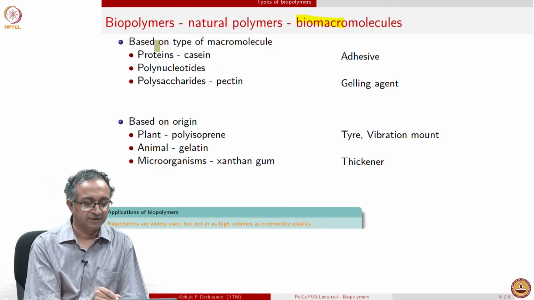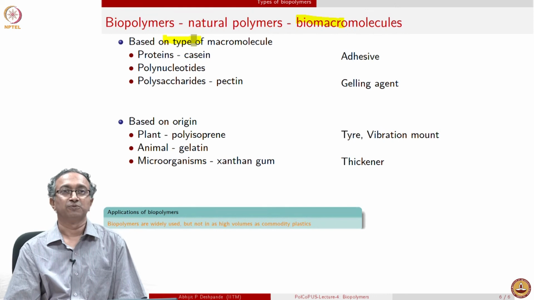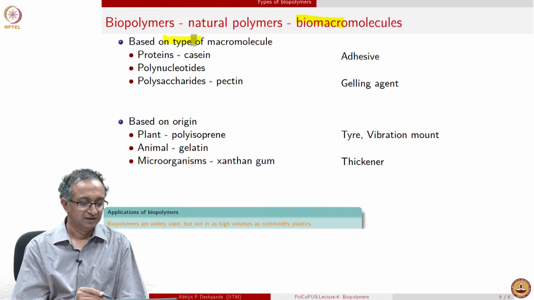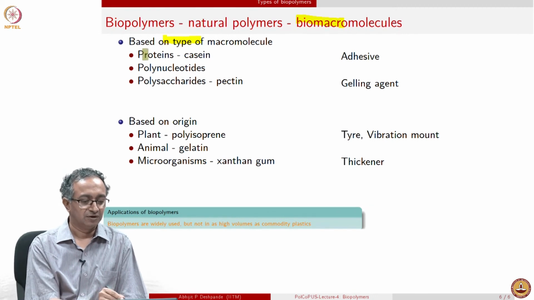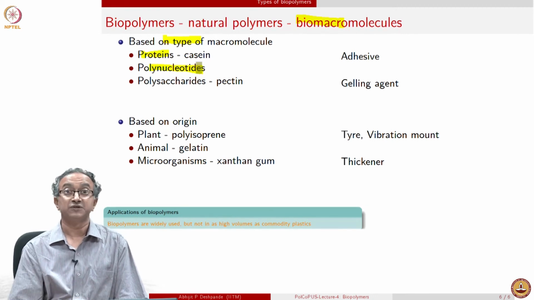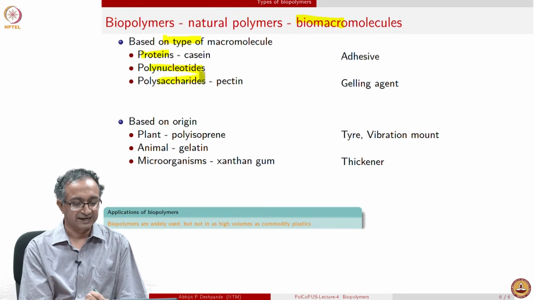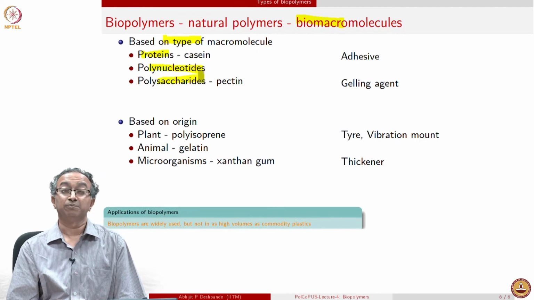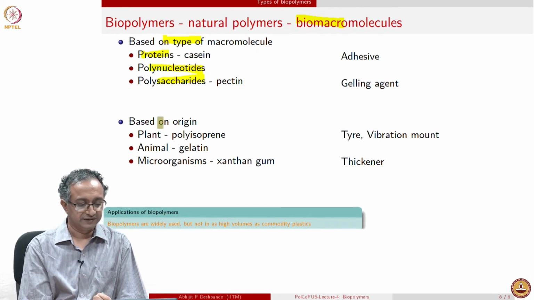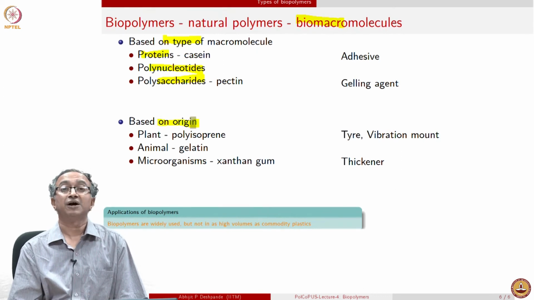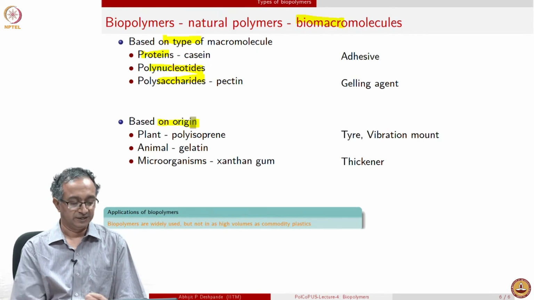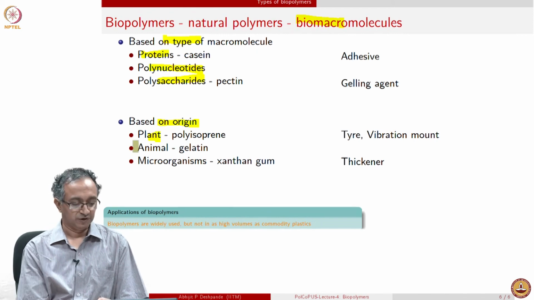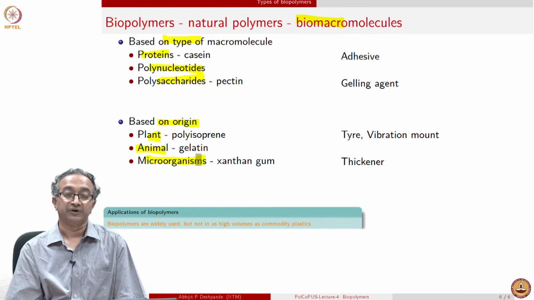We could classify them based on the type of macromolecule, and this we have already seen in one of the introductory lectures: proteins, DNA and RNA, which are examples of polynucleotides, or polysaccharides. These are three different important sets of biomacromolecules present in the biological world. We could also classify them on the basis of which part of the biological world they come from. Do they come from a plant, an animal, or a microorganism?